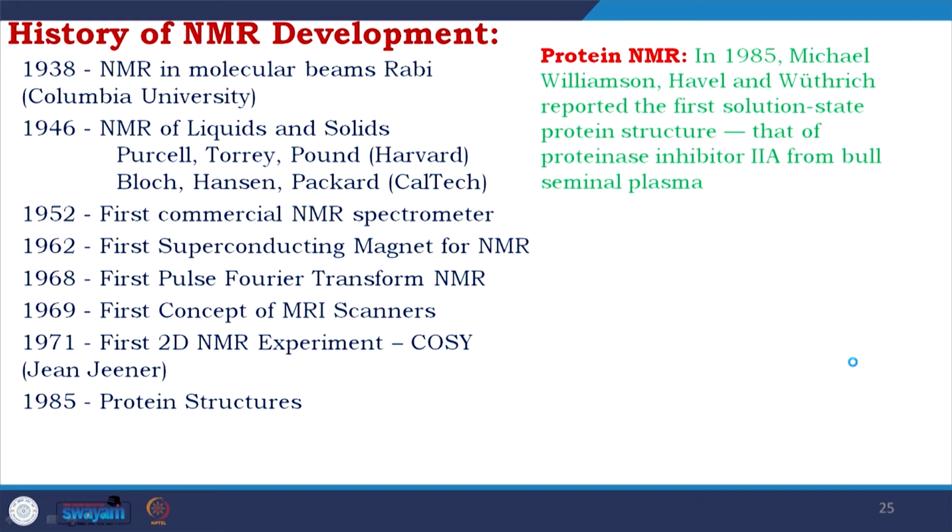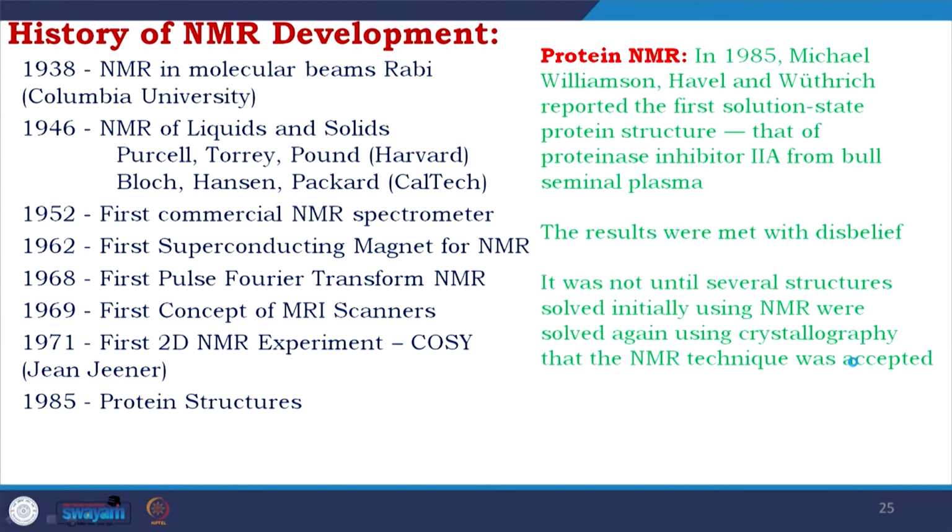In 1985, as I told, Kurt Wüthrich and colleagues at Utrecht reported the first solution state protein structure, which is proteinase inhibitor 2A from bull seminal plasma. Initially, they were met with a lot of disbelief, people did not agree with their finding.